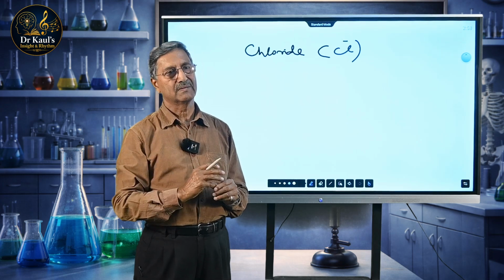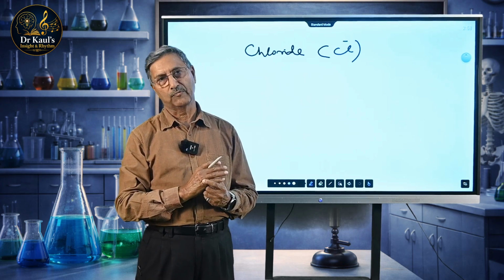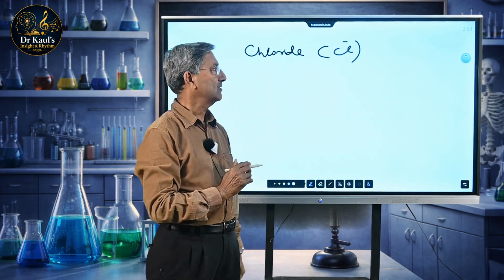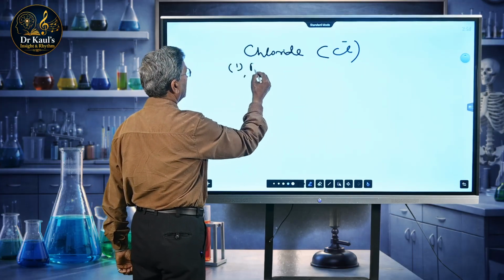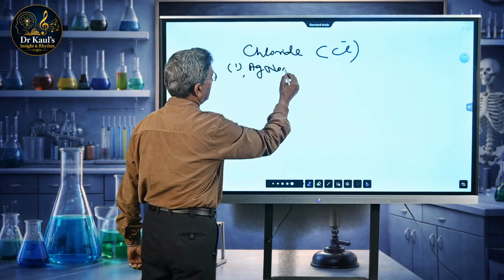So we have got the indication of chloride, and now we are to confirm. For confirmation, the first test which we use is the silver nitrate test, the AgNO₃ test.